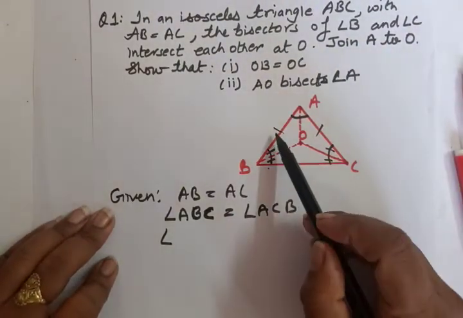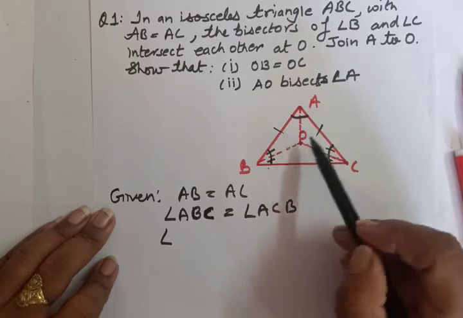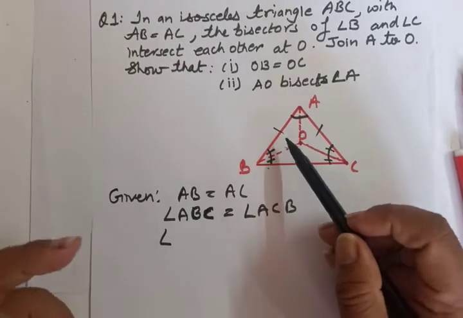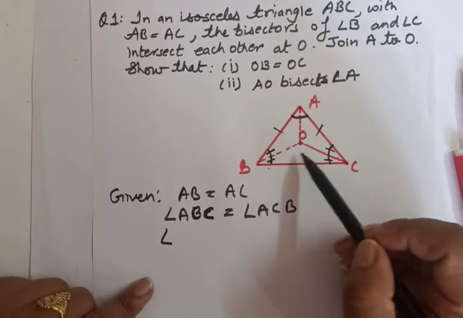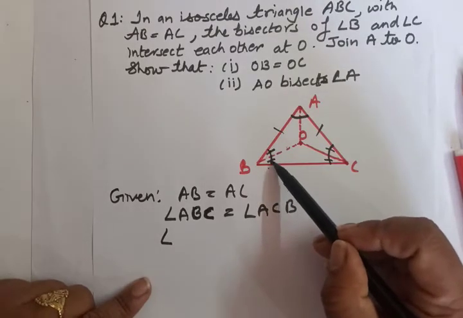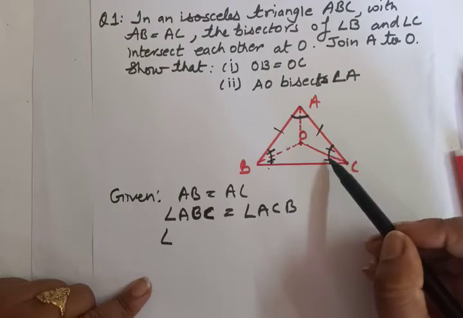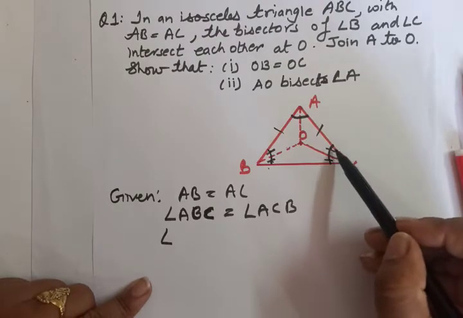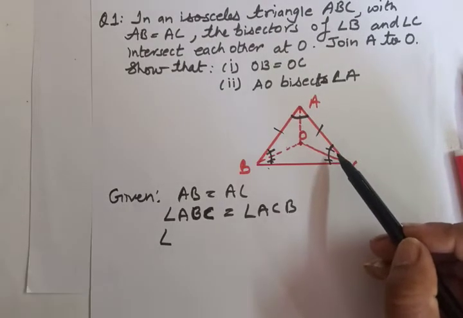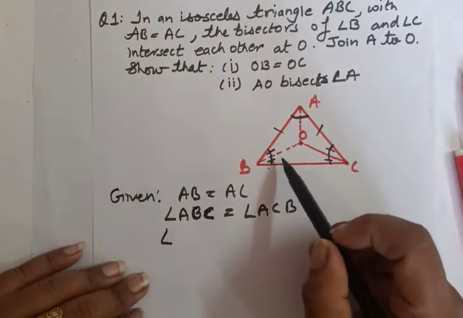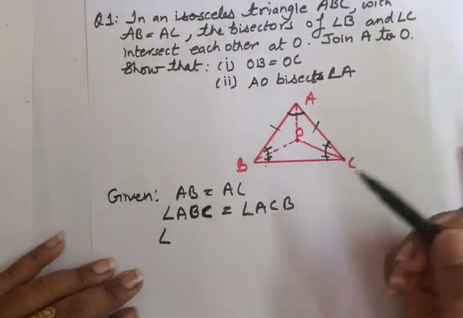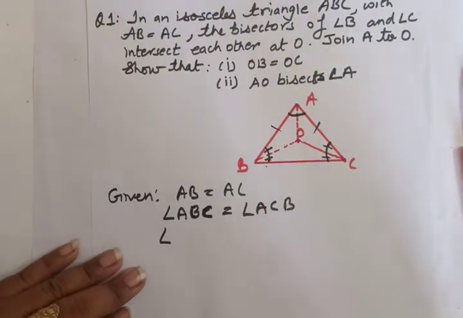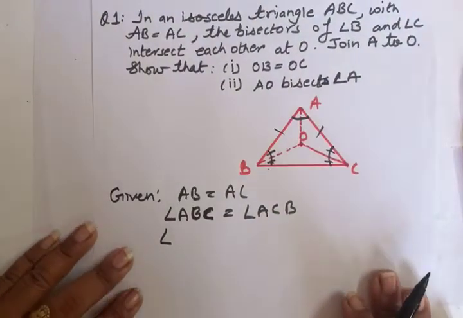Now we know that such types of symbols or marks we put to show that these two are equal. But for the angles, why have we marked here this angle equal to this angle, and this angle equal to this angle, with two marks? Since angle B is already equal to angle C, half of these angles will also be equal to each other, yes.